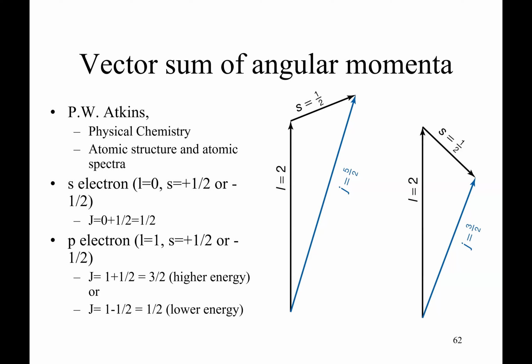That's an electron in the D orbital, which means L equals 2, and S is plus a half or minus a half. So you're going to add 2 plus a half, that gives you 5 halves, or 2 minus a half, that gives you 3 halves. Those are the possibilities. And you can have many orientations here.